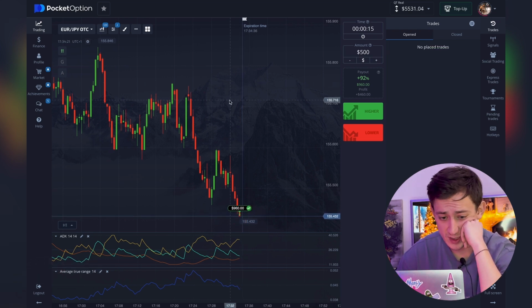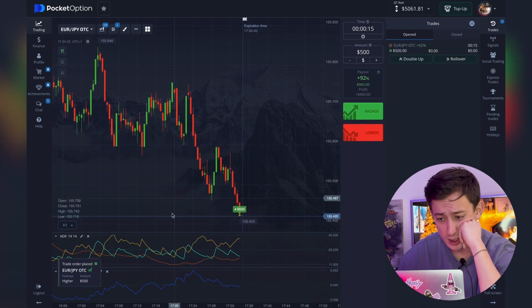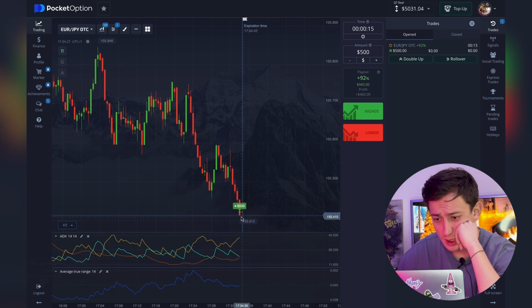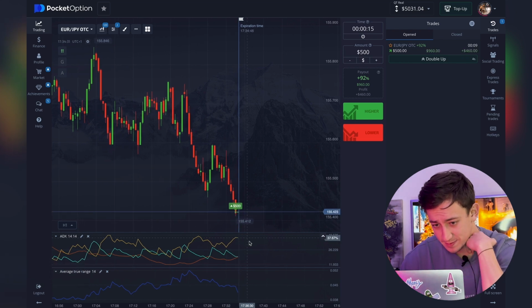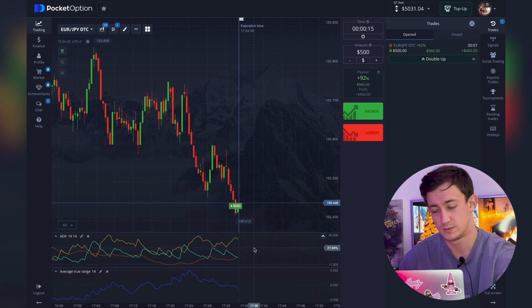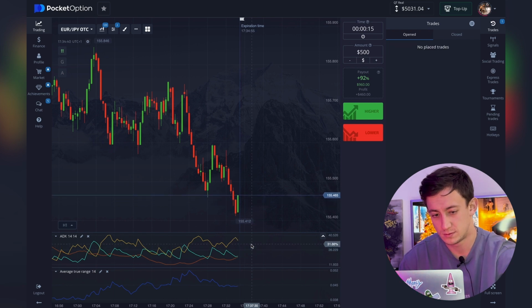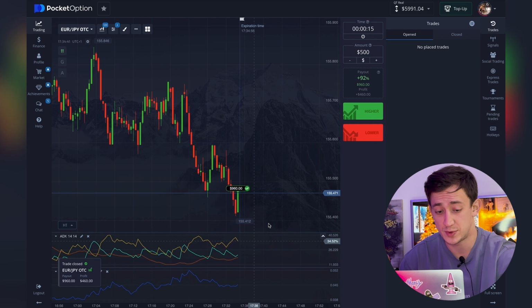Oh, guys, profit achieved, and staying right here and going long immediately after the candle bounce and expecting a profit. It is very, very cool, guys. Profit achieved.